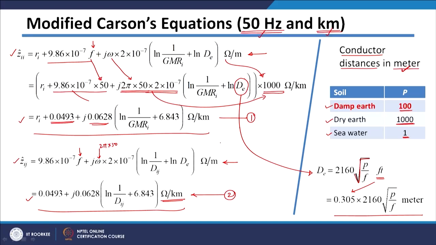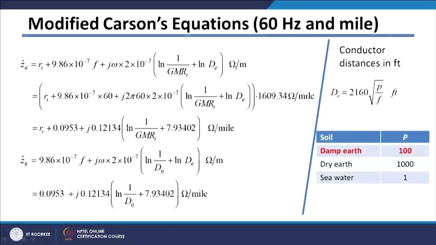In this particular formula I have considered damp earth, which is a general case. I put the resistivity of damp earth here, frequency is 50 hertz, and then you can get the equivalent depth of earth return, and if I take the natural log of it, I will get this term here. This is how we get the modified Carson's equations of self impedance and mutual impedance.